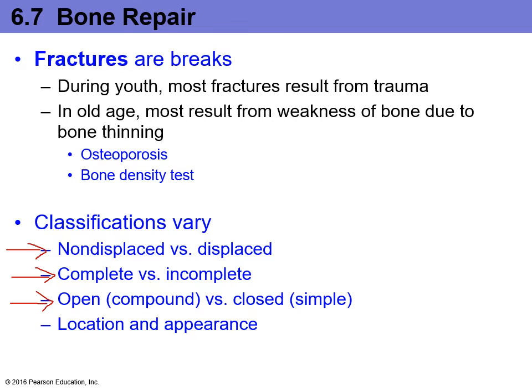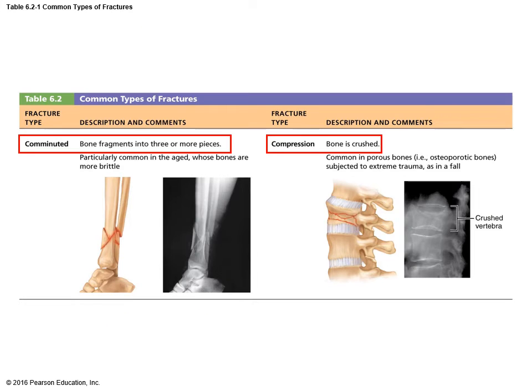Let me go ahead and show you a few locations and appearances, and this will kind of come into play. Now, these are just some of the most common types of fractures. So starting off with the comminuted, that happens when the bone breaks into 3 or more pieces. This is usually seen when you have a patient who comes in with brittle bones. Then you have a compression fracture.